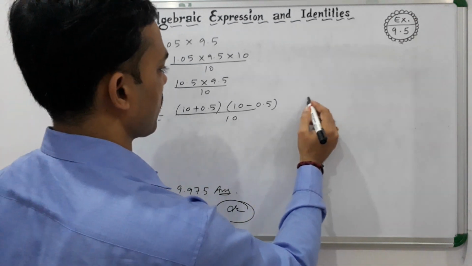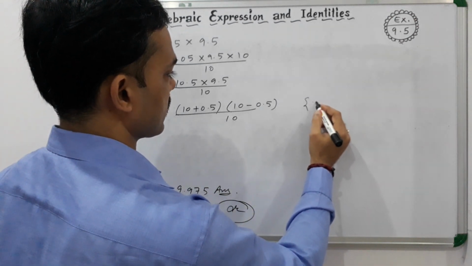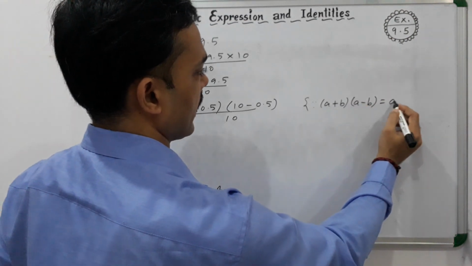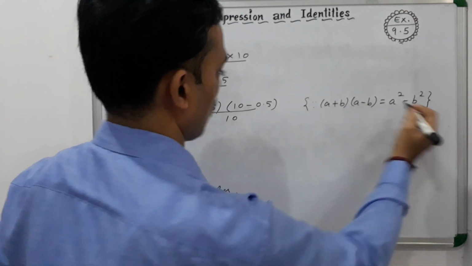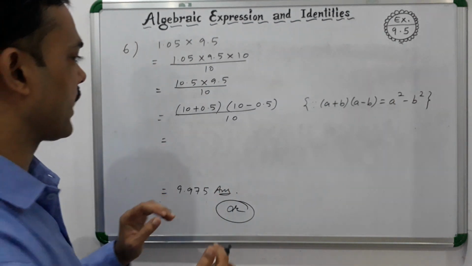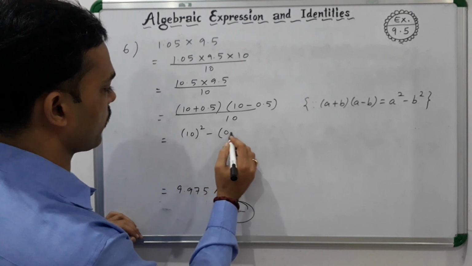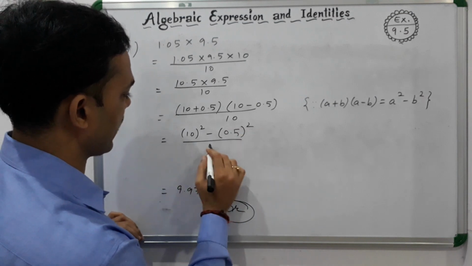Now this is in the form of (a plus b) into (a minus b) equals a square minus b square. So a square minus b square means 10 square minus 0.5 whole square, divided by 10.